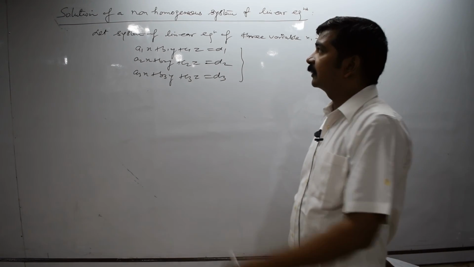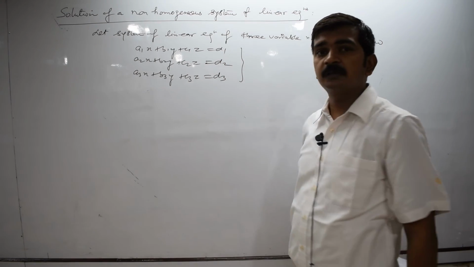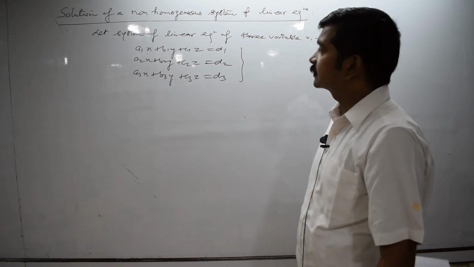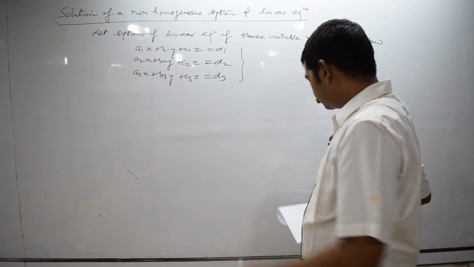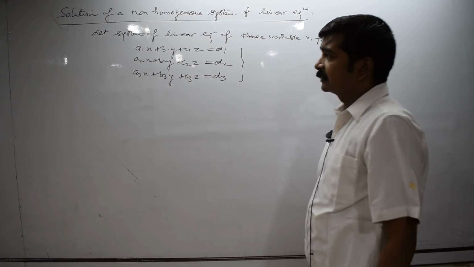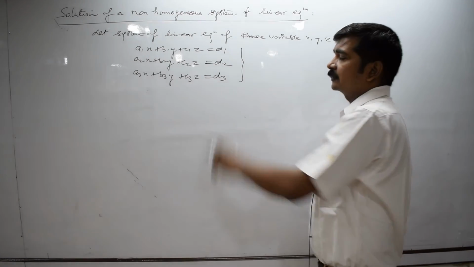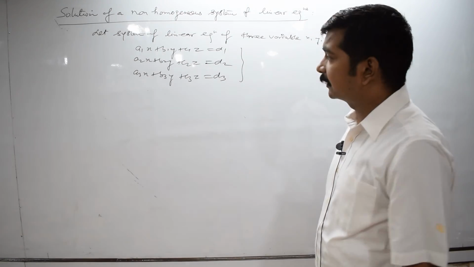If these constant terms equal 0, then the system is known as a homogeneous system of linear equations. Now, the solution of these equations, meaning the values of x, y, z that satisfy these equations, is found by Cramer's rule.